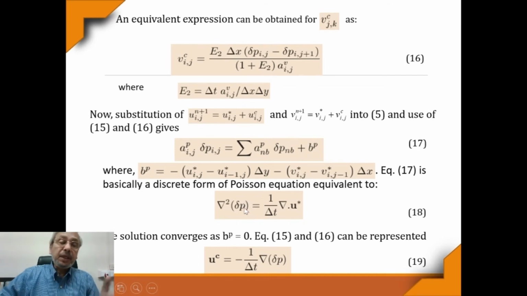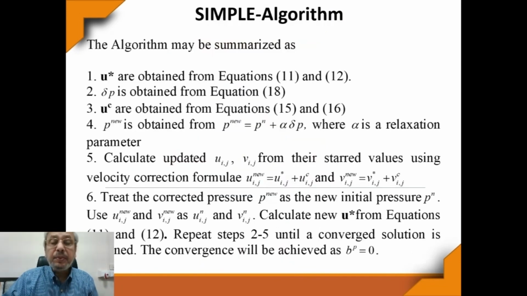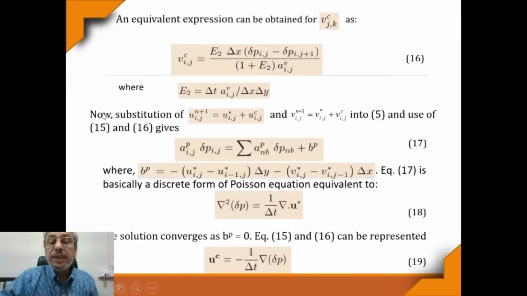As you can see here, it will be a pentadiagonal matrix, with unknowns at ij, i plus 1 j, i minus 1 j, ij plus 1, ij minus 1. You have to run over the entire domain, i equal to 2 to i max minus 1, j equal to 2 to j max minus 1, and you will get this matrix. Solve it, delta P will be obtained, and then velocity corrections are obtained from equation 15 and 16.